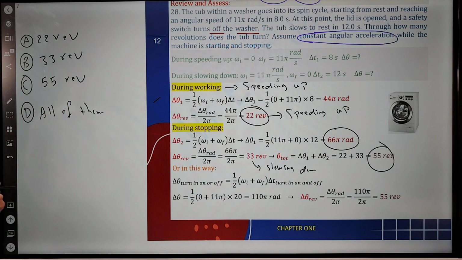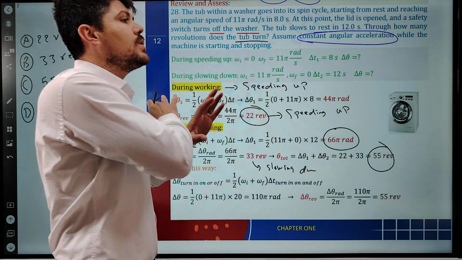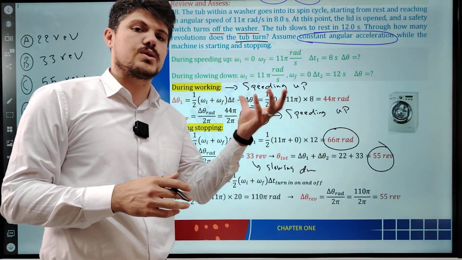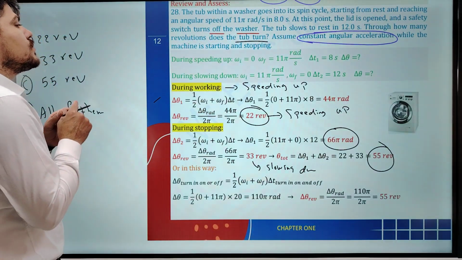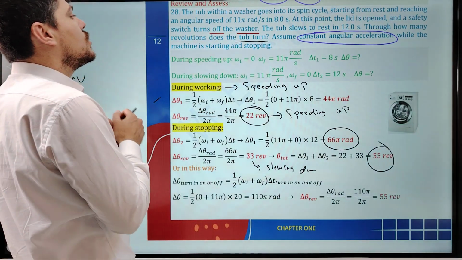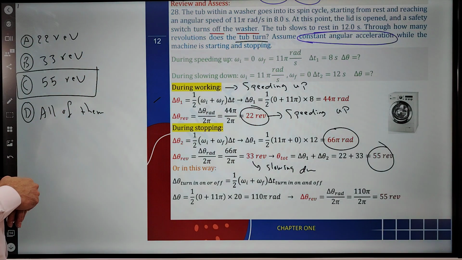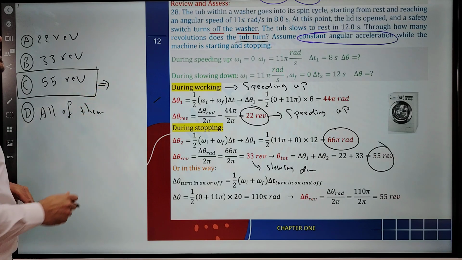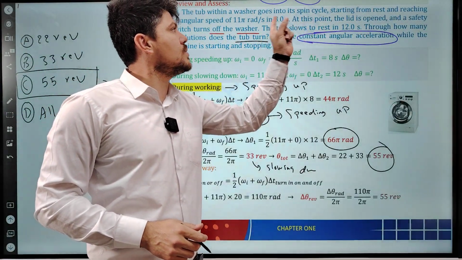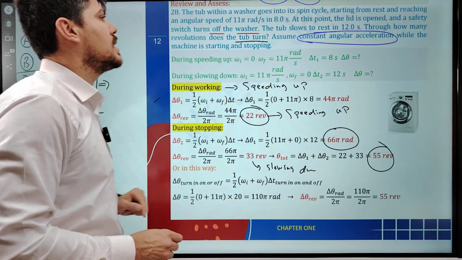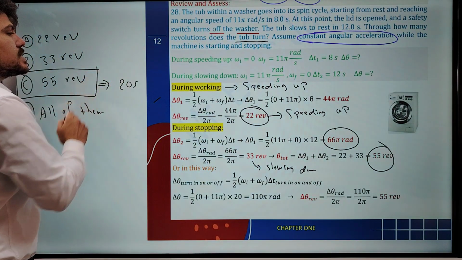If they bring this question in the exam, and the question says, through how many revolutions does the top turn, without indicating during speeding up or during slowing down, in that case we have to find the total revolutions, which is equal to 55 revolutions. In how many seconds? At first we have 8 seconds during speeding up and 12 seconds slowing down. It takes 20 seconds.